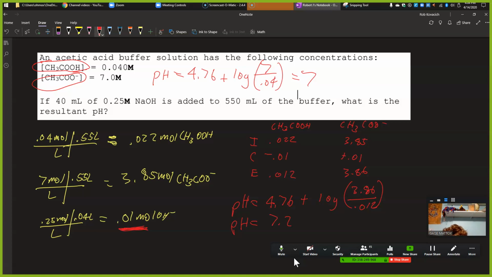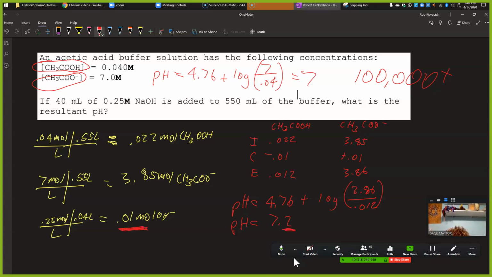No, the prior problem, when we added it to pure water. It changed by 5 pH units, more than 100,000, so 5 orders of magnitude. And this changed by 0.2.